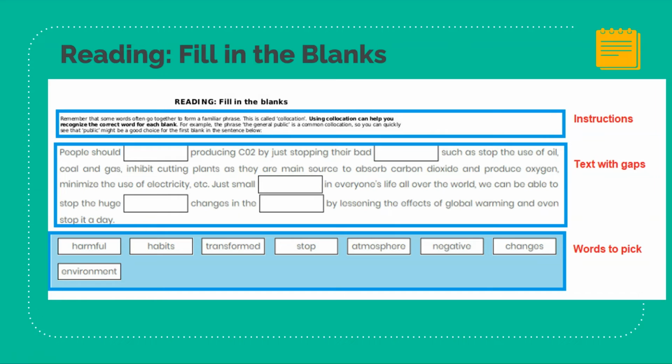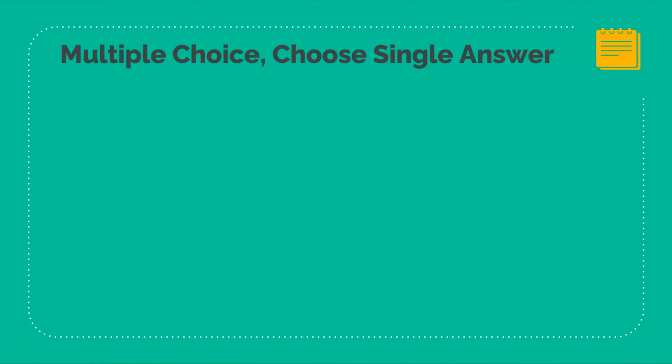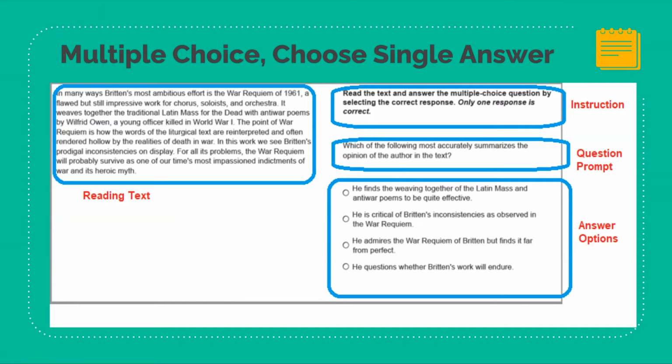The answer options are given at the bottom, and you need to drag the correct answers to the correct blank. And lastly, we have the multiple choice, choose single answer. You get an instruction which specifies that only one response is correct. Then you have a reading passage, a question prompt, and answer options. So this sums up the question types in the reading section.